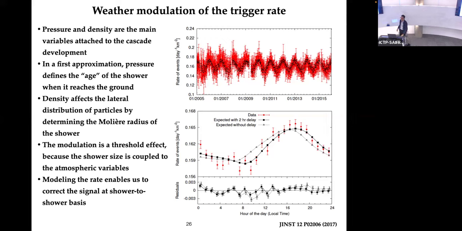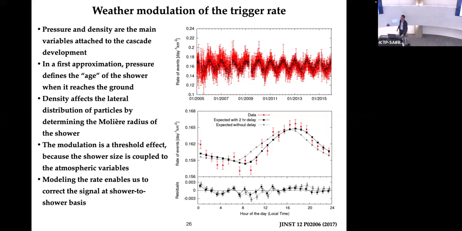And the atmosphere has a temperature and a pressure that change with time. If temperature and pressure vary with time, S1000 for a detector like Auger changes with time. In the summer, our showers are slightly bigger than in winter.